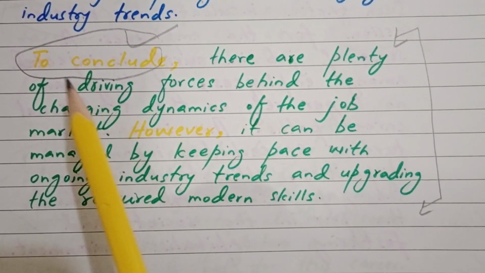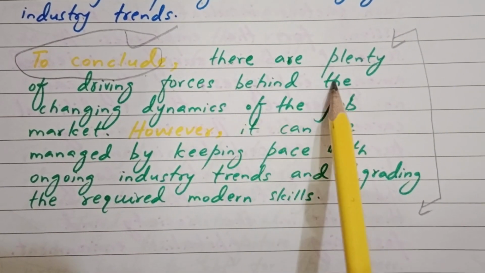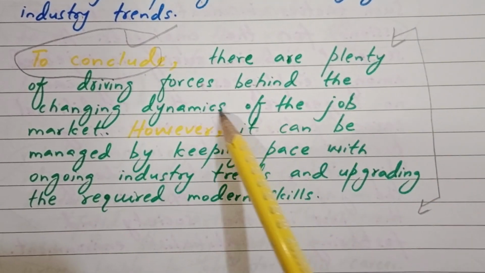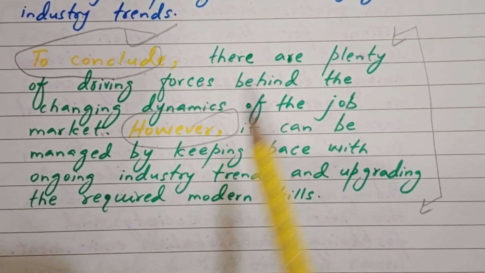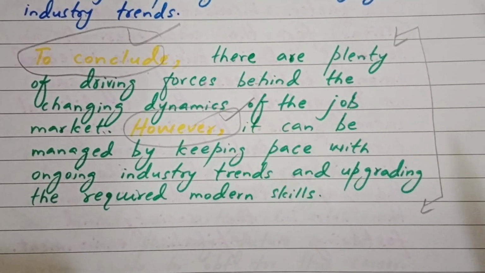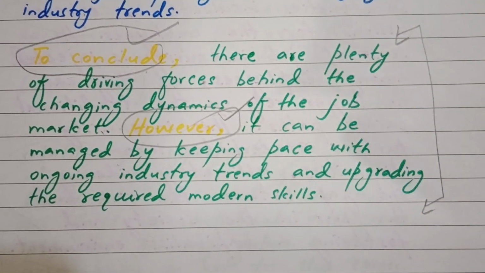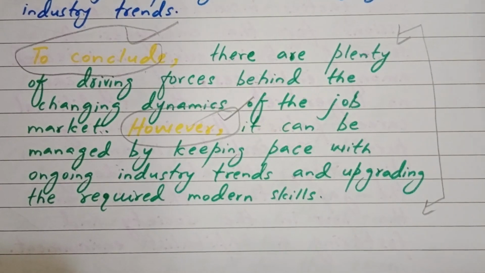Okay, let's read it. To conclude, there are plenty of driving forces behind the changing dynamics of the job market. However, it can be managed. However means the other side of the story. It simply means that no matter how many causes or factors contribute to a volatile job market, they can be tackled.